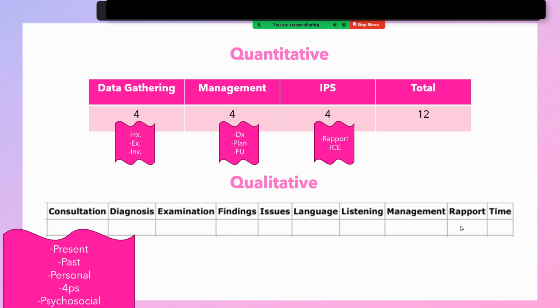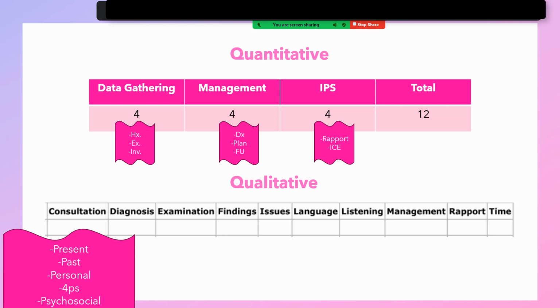If you don't manage to do this, you will have a tainted rapport. Always the first impression is the last impression. If you start your station smartly, with a nice smile, in a friendly way, and you maintain that throughout the case, you will have high interpersonal skills.